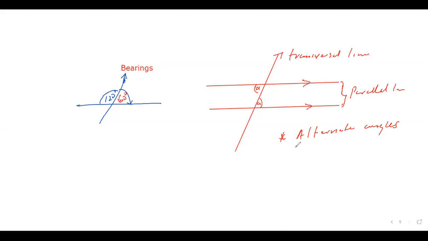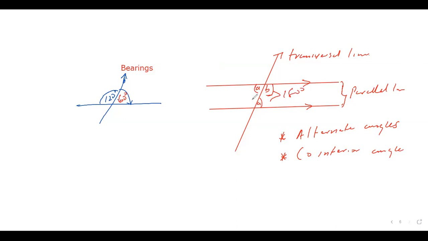Then the next thing I want you to focus on is what we call co-interior angles. Co-interior angles add up to 180. So if this is A and this is B, when you add A and B, you should get 180 degrees.